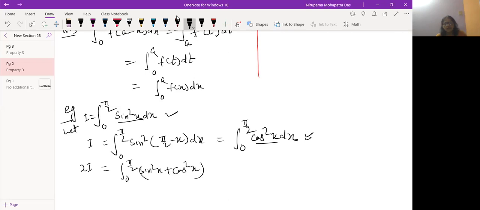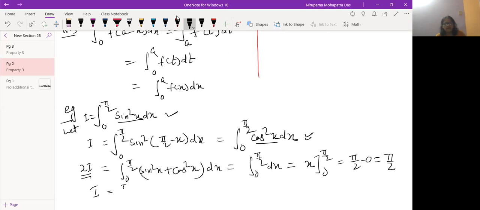So it means you are getting 1 into dx. So integral 0 to pi by 2 of 1 into dx, that is x from 0 to pi by 2. So we are getting pi by 2 minus 0, which is pi by 2. Okay, so this is what 2I is. We want I. So I equal to pi by 4. Okay, this is the answer.